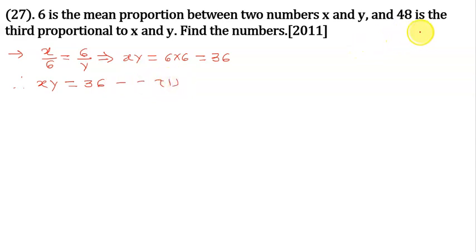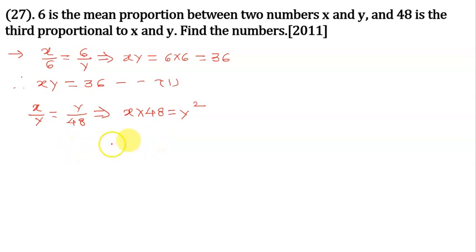What about the second? 48 is the third proportion to x and y. Means x upon y is equal to y upon 48. It implies that by cross multiplication, x into 48 is equal to y into y, means y square.